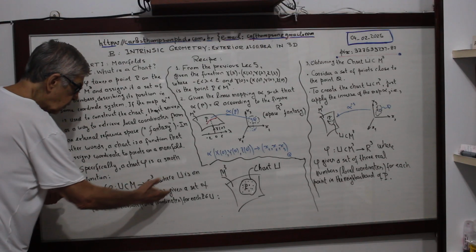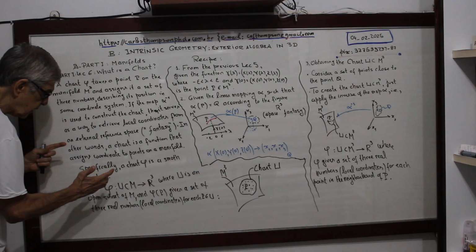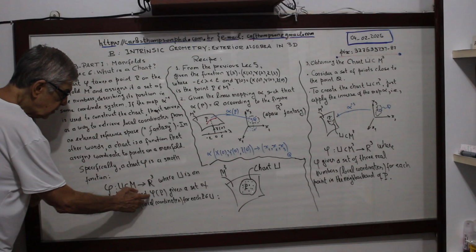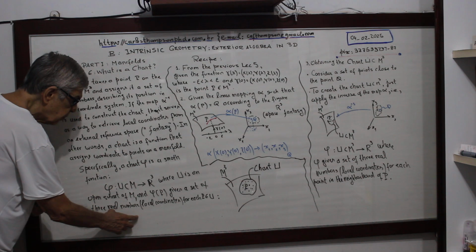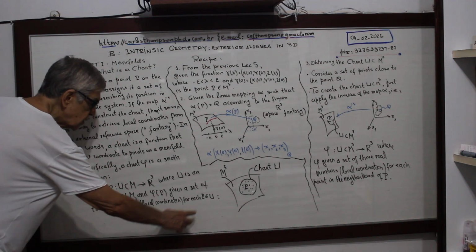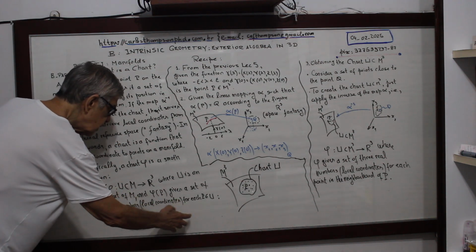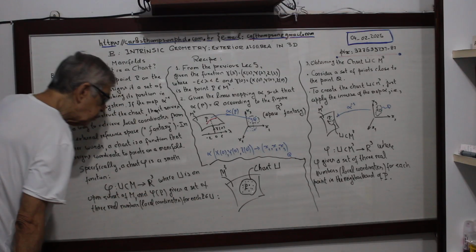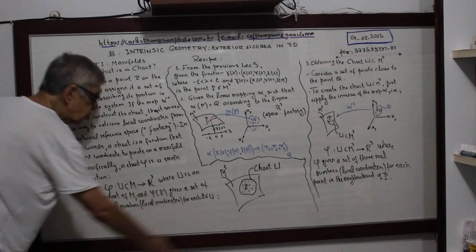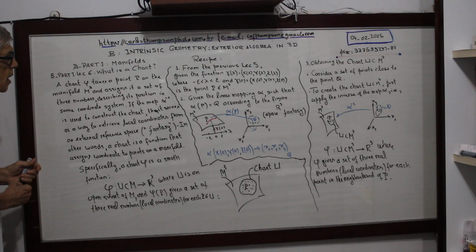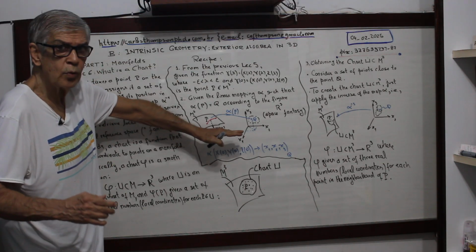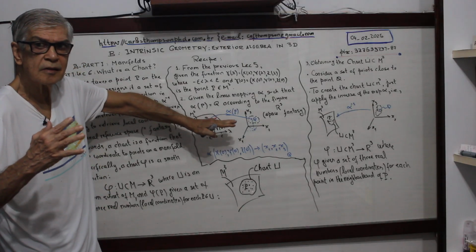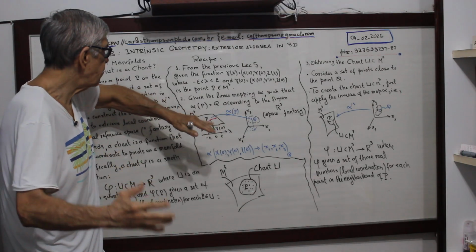Then U is an open set of M, and phi of P gives a set of 3 real numbers. It's a local coordinate for each point P that belongs to the chart. Now, this is a recipe that we will use in the next numerical example.